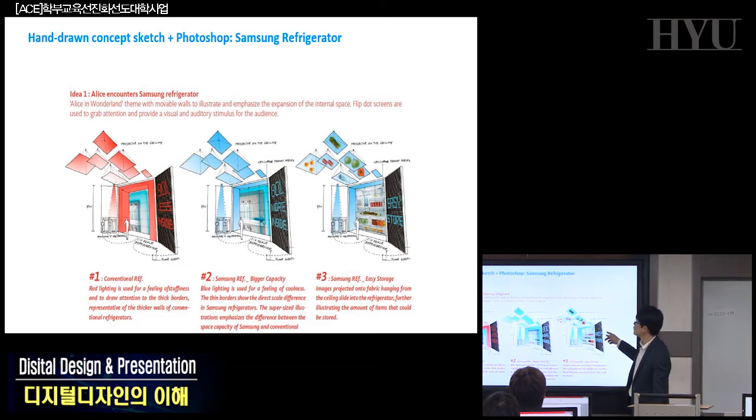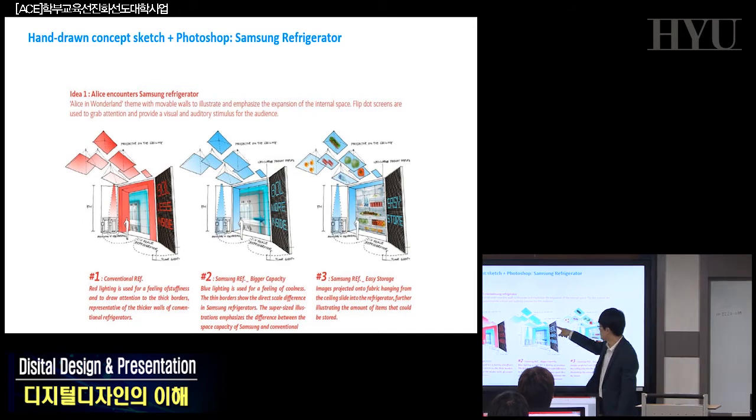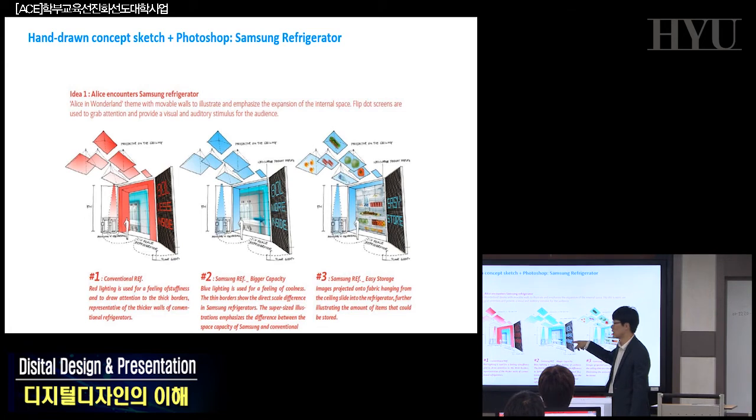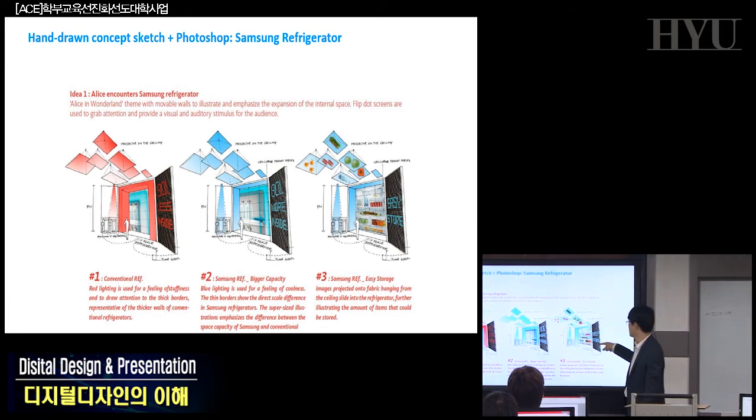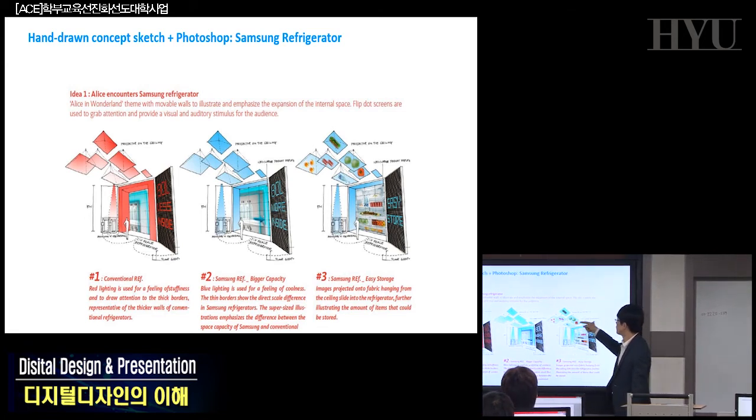This one shows the new Samsung refrigerator, which displays text like "80 liters more inside" and "easy store." And on the ceiling, there are a series of displays, I don't know how many, that show fresh food materials and some visually displayed elements.